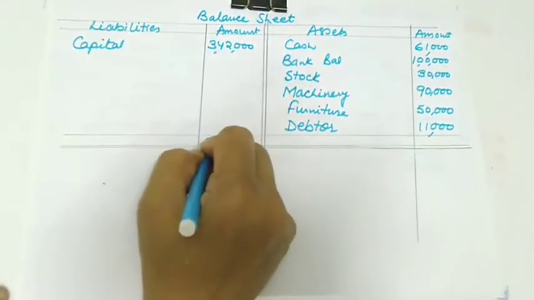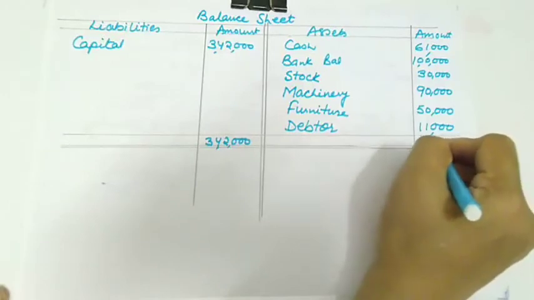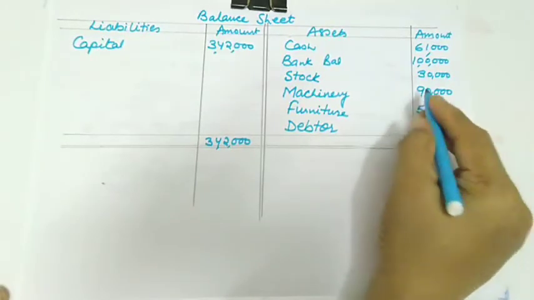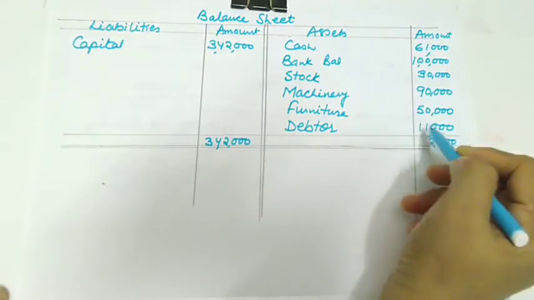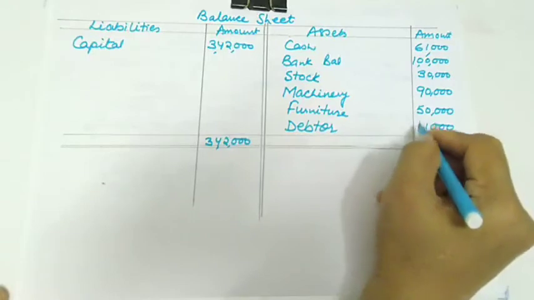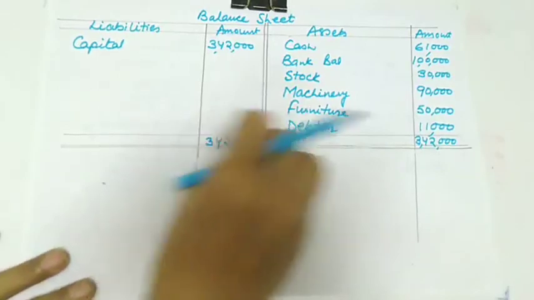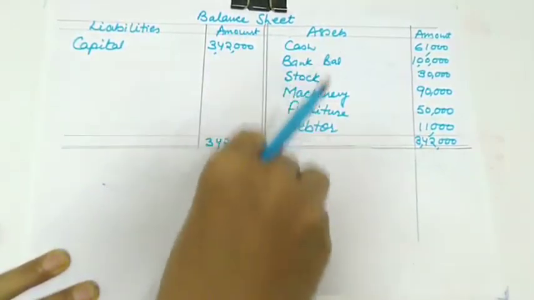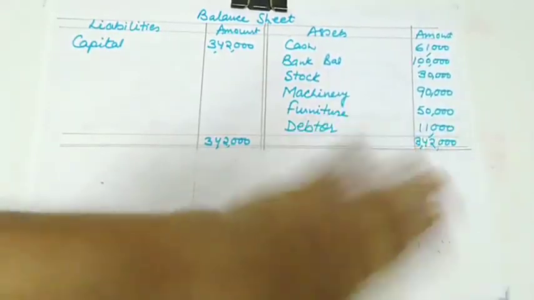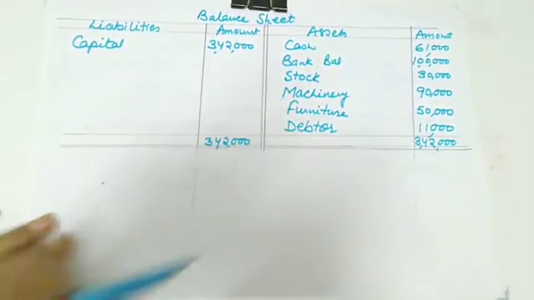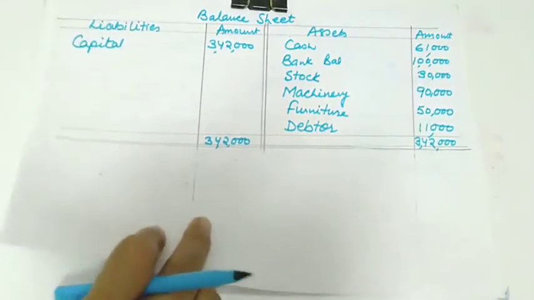So this was 3,42,000 there, and here also: 6 plus 3, 9, 9 and 9, 18, 18 and 6 is 24, 4, 2 carry forward and then 3. 3,42,000. So this is how we will be preparing the balance sheet in case of the accounting equation. I hope all these numericals must be clear to you.